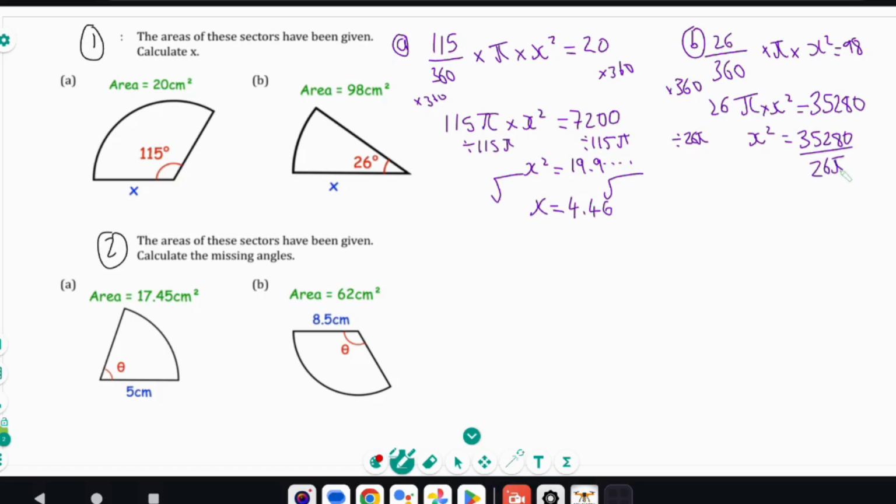And then square root the answer. I'm going to just put this one a bit differently. Which gives us x is square root of 35,280 over 26 pi, 20.7. No, 20.8 to three significant figures.